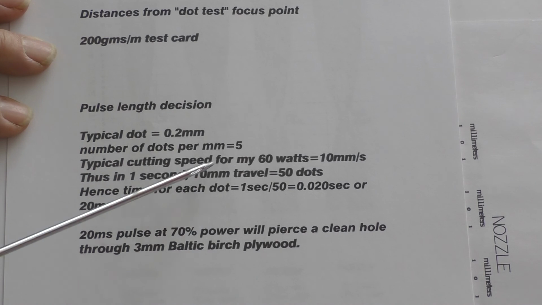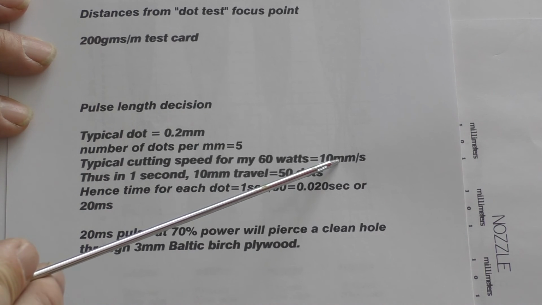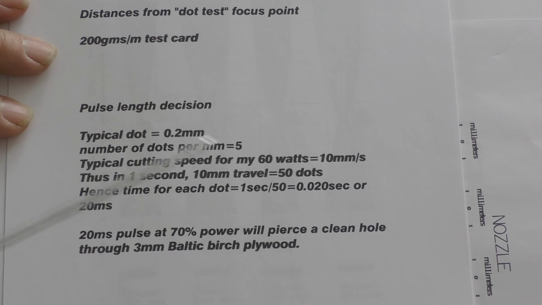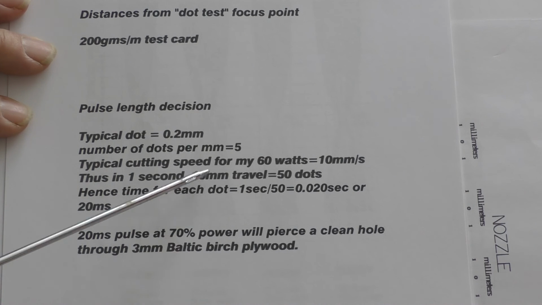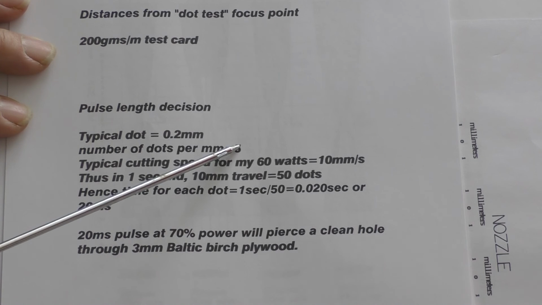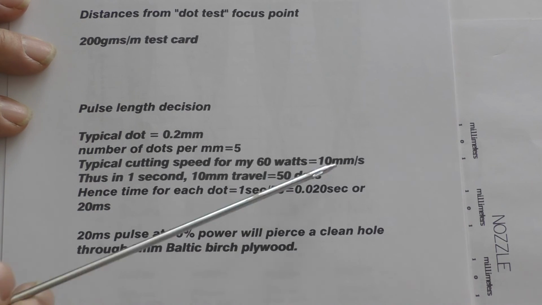But typically, we would expect 10 millimetres a second to cut most materials. So I've chosen 10 millimetres per second as a cut speed. Therefore, in 1 second, 10 millimetres of travel is equivalent to 50 dots, 5 times 10 millimetres. So I've got 50 dots per second.